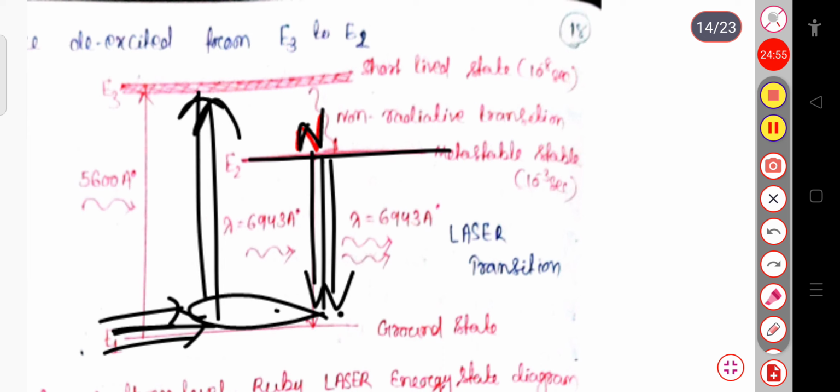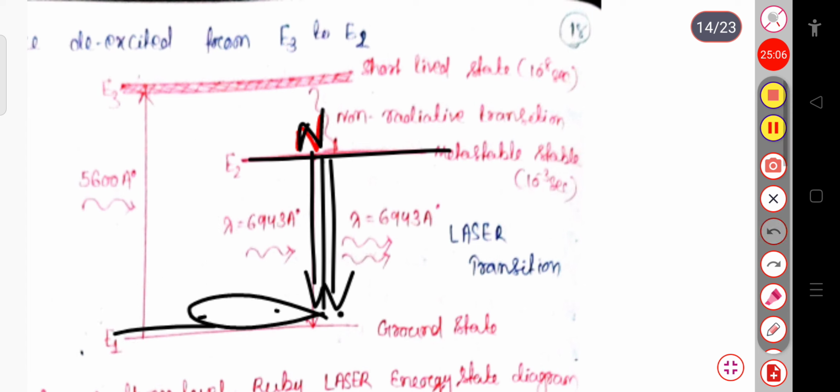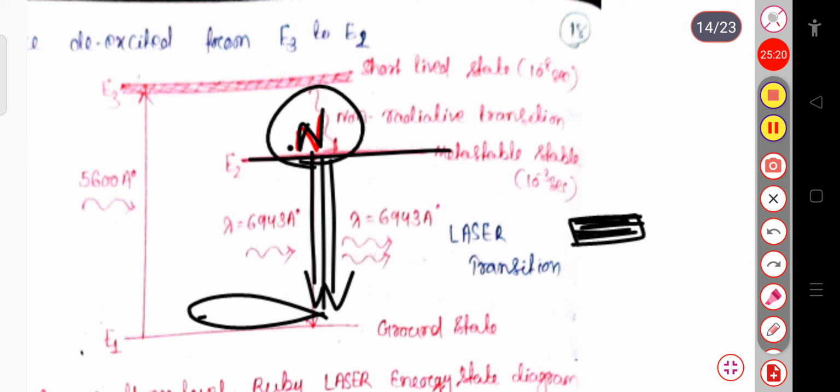Suppose this is a fast transition, and one pulse is seen here, that is your fast laser action. In the case of the fast laser action, the maximum number of particles are available in this state, and there are no atoms in the ground state.